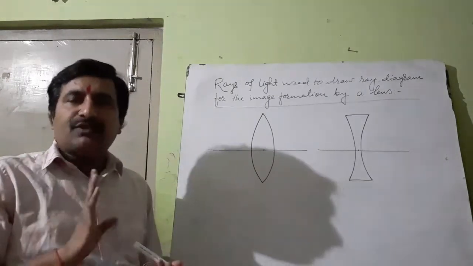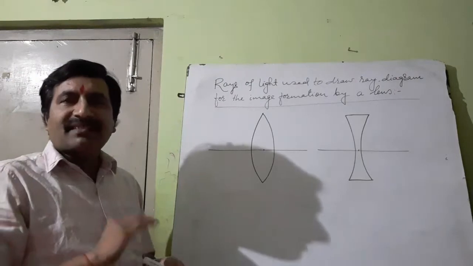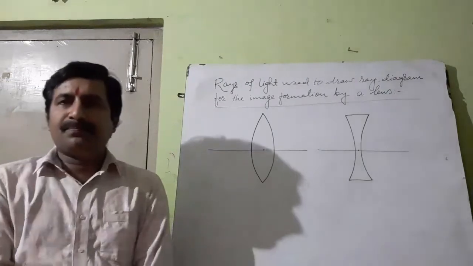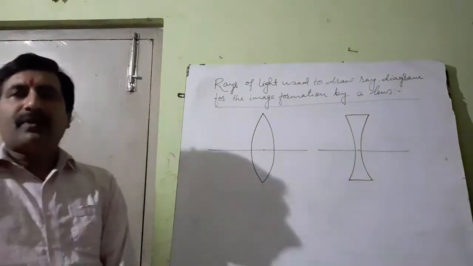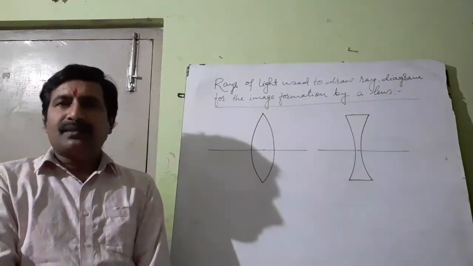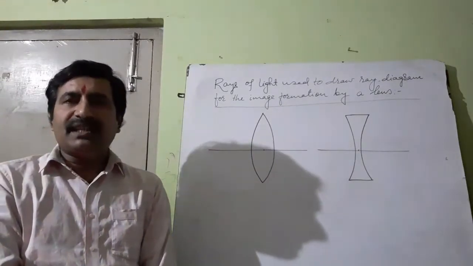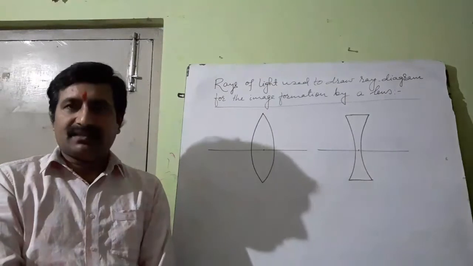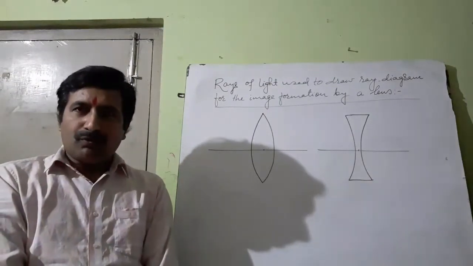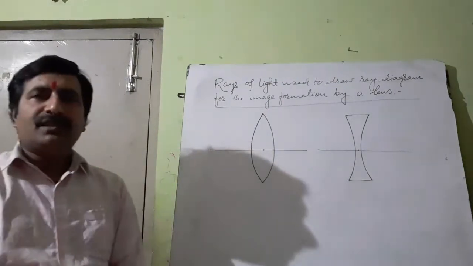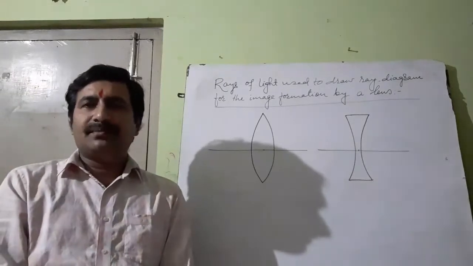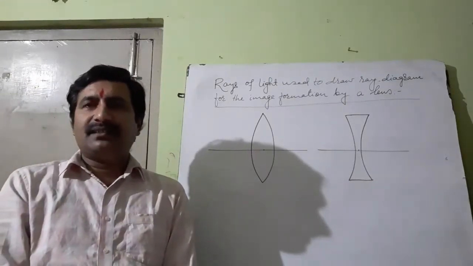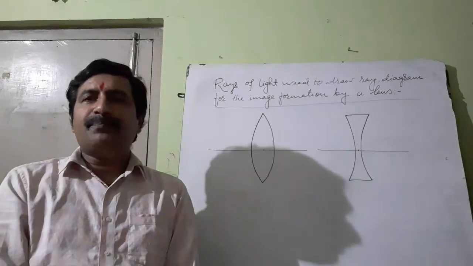Means all the rays of light passing through the optical center of a lens do not deviate from their path. So one of the rays used to draw the ray diagram may be taken passing through the optical center.